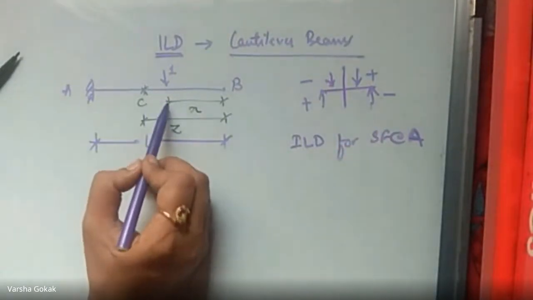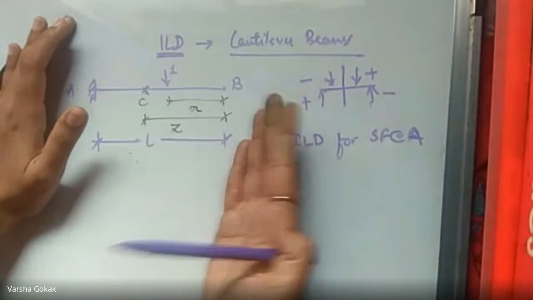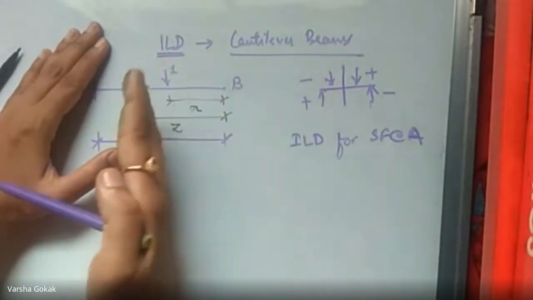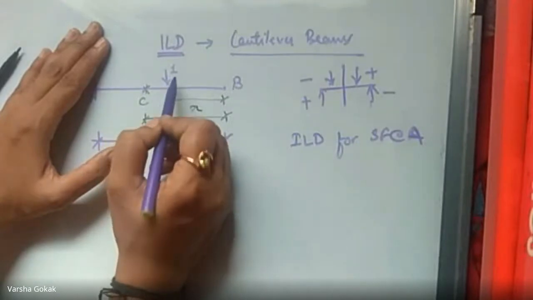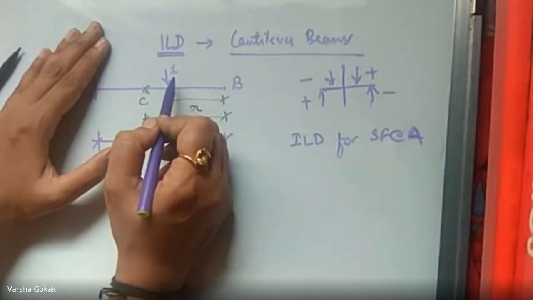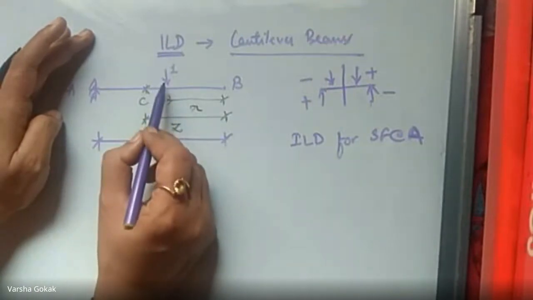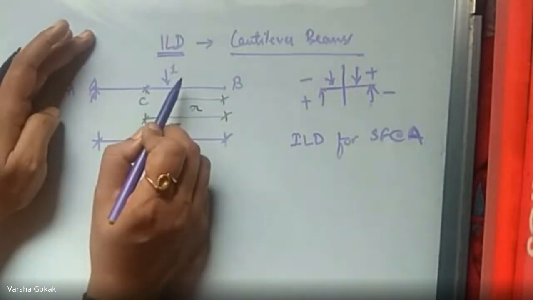In the case of the cantilever, I have to start from the right side of the beam because the left side is fixed. So when I start from this end, I have a downward force which is coming, which is positive. So shear force at A would be this downward force only, 1. Everywhere throughout it is going to be the same.